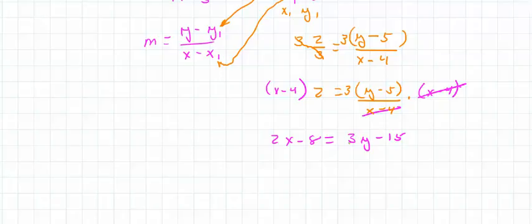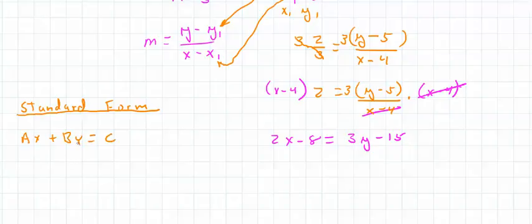All right. Now, standard form is ax plus by equals c. The x and the y term are on one side, the c constant is on the other. I'm going to talk about this in a minute, but I need to subtract 3y.